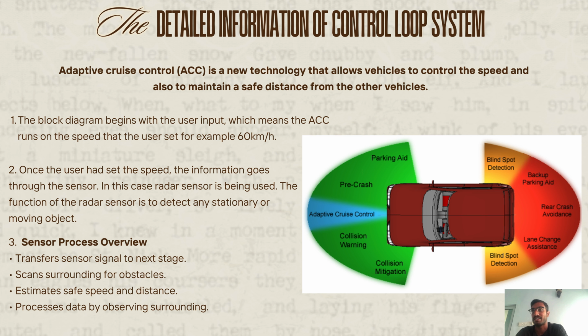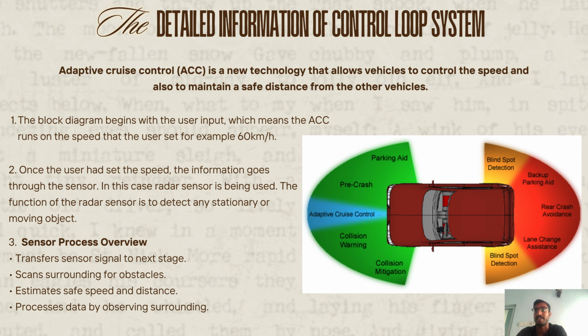So once the speed is set, the information goes through to the next part, which is the sensor. In this case, we are using the radar sensor. Based on the block diagram, you can see we use the radar sensor. A radar sensor is a type of sensor that detects a stationary or a moving object.